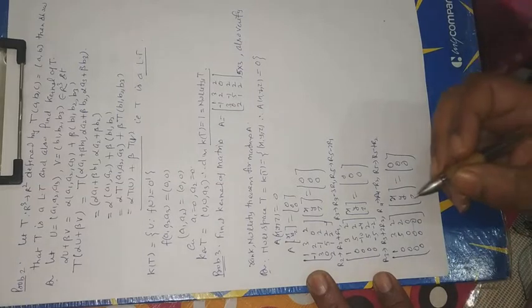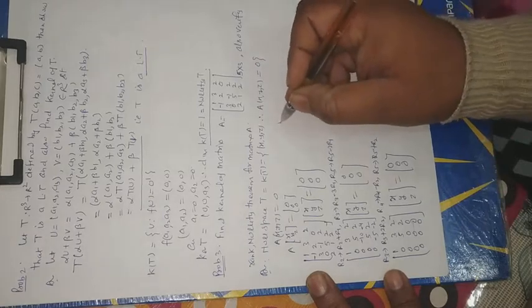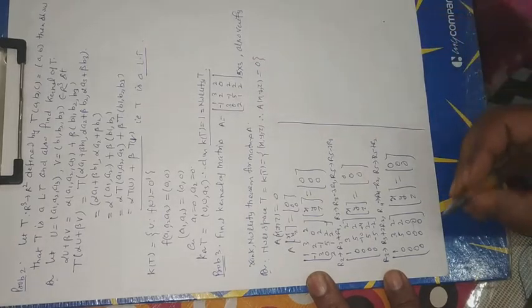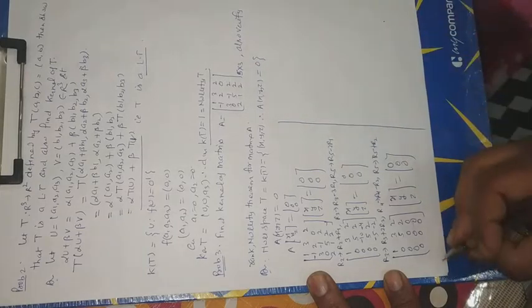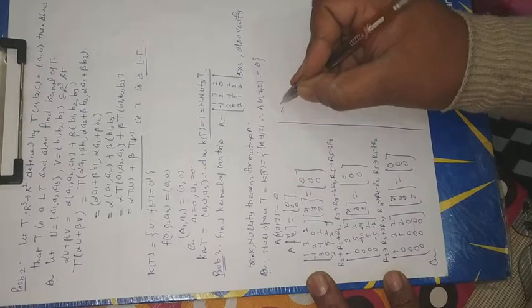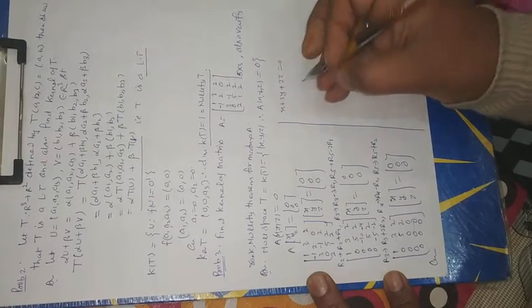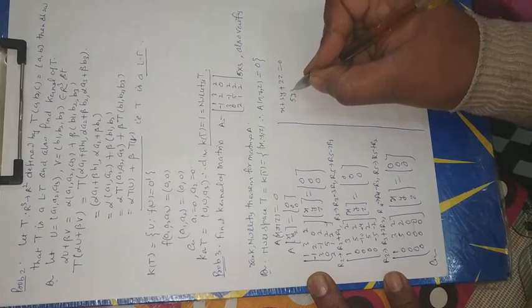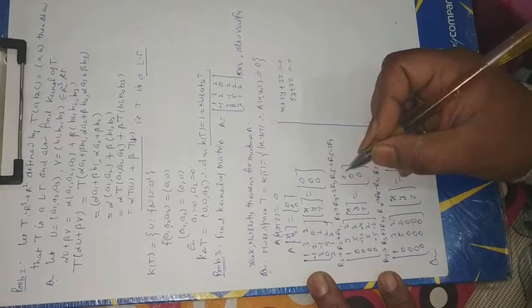Okay, student. Now here we multiply both matrices and compare, and we get x plus 3y plus 2z equal to 0, 5y plus 2z equal to 0. There are two equations.